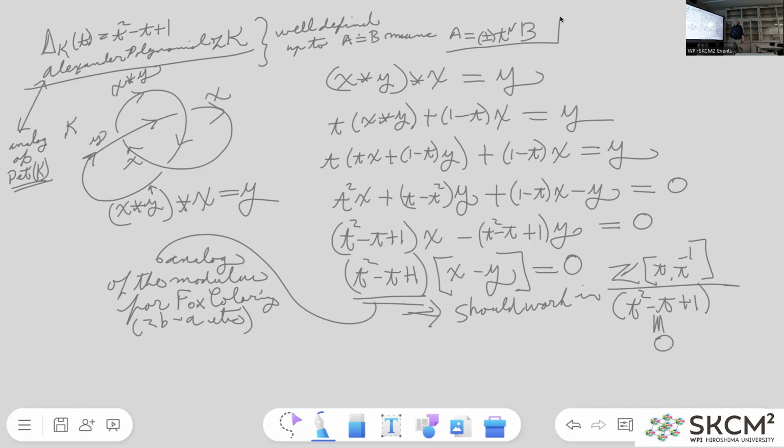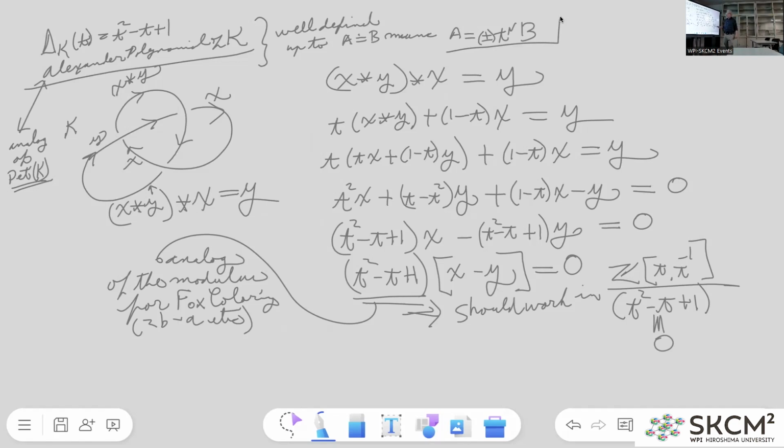Because multiplying this by t, say you get t cubed minus t squared plus t, it'll still be the same. It will do the same job. It will kill off everybody if the original one did. That's a unit in the ring. So that's the Alexander polynomial from this point of view.